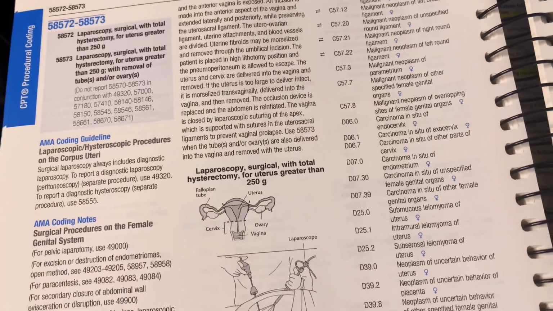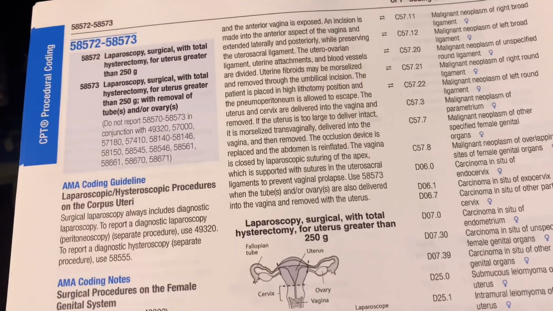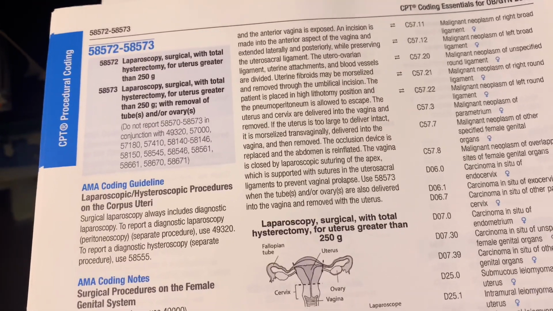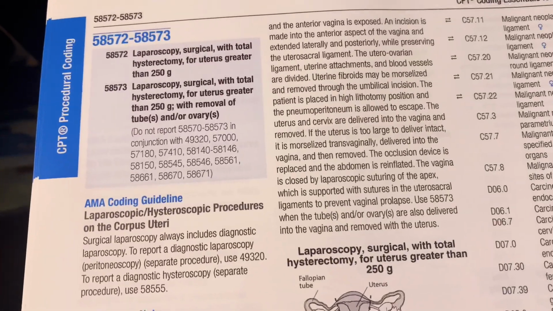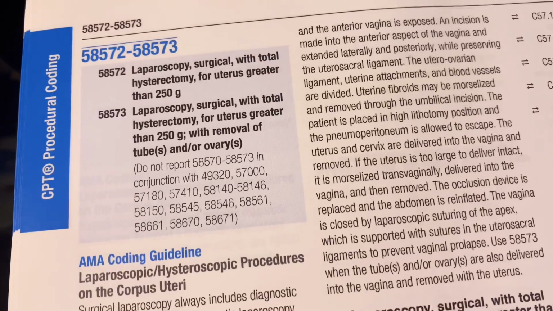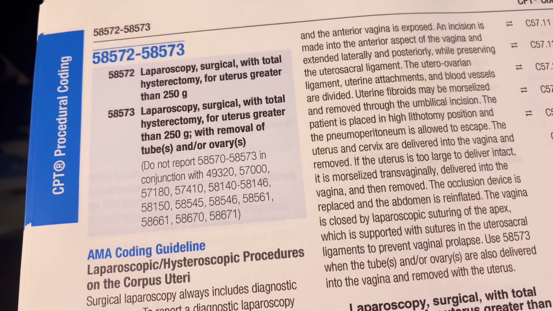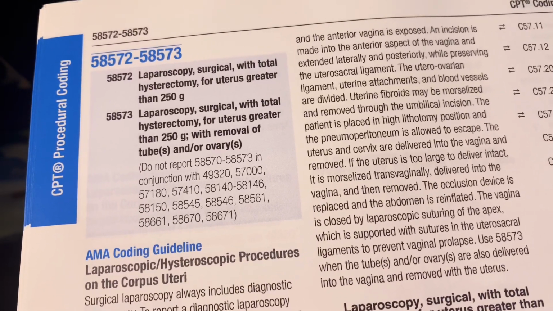So we had to cut it up into 3 or 4 sections to remove the uterus and the fibroids. So I was questioning, could I bill for the removal of those fibroids separately? And in my CPT book, and actually in this one, it tells me to not report these codes in conjunction with these other codes.